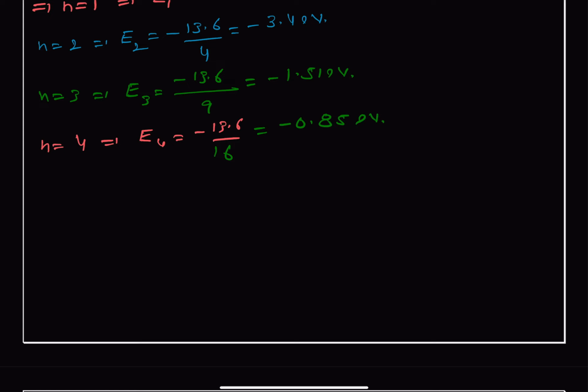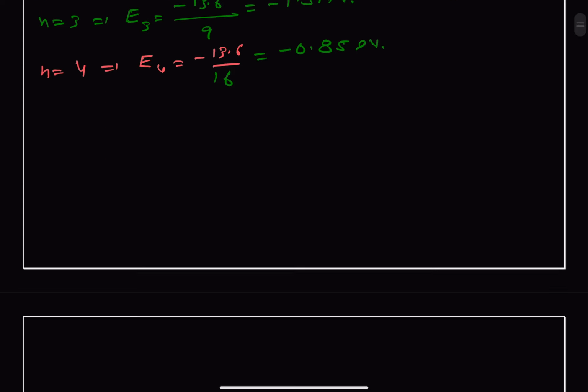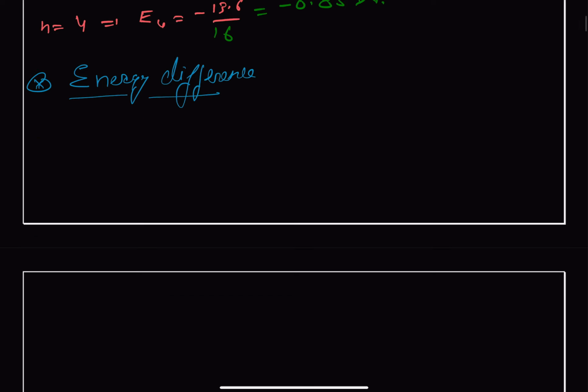Now we are going to find the difference in these energies. So we can say energy difference, first let us find E4 minus E3, that will be minus 0.85 minus of minus 1.51.